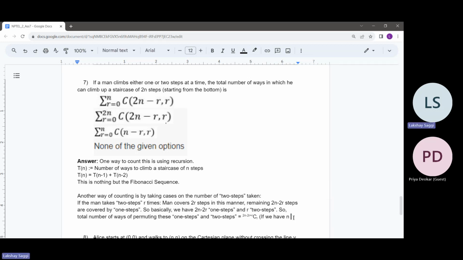If we have n1 objects of one type and n2 objects of another, the total number of ways of permuting them is nothing but n1 plus n2, choose n1.